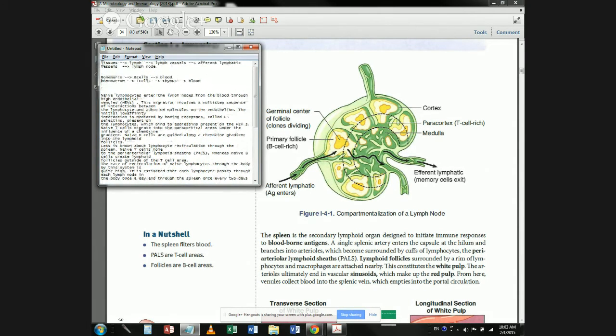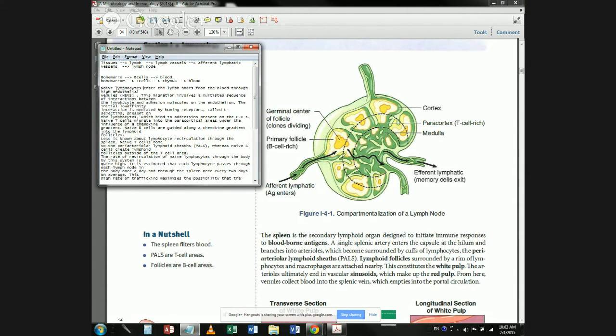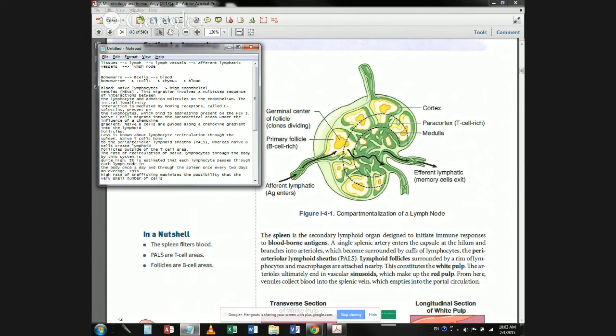These are the naive lymphocytes that have just decided to enter blood. Now these naive lymphocytes will enter these lymph nodes right there. How will they do that? From the blood. So blood with naive lymphocytes enters the lymph nodes through high endothelial venules. That makes sense now.